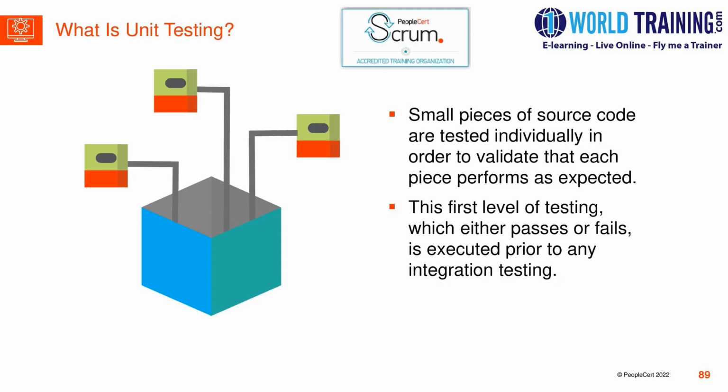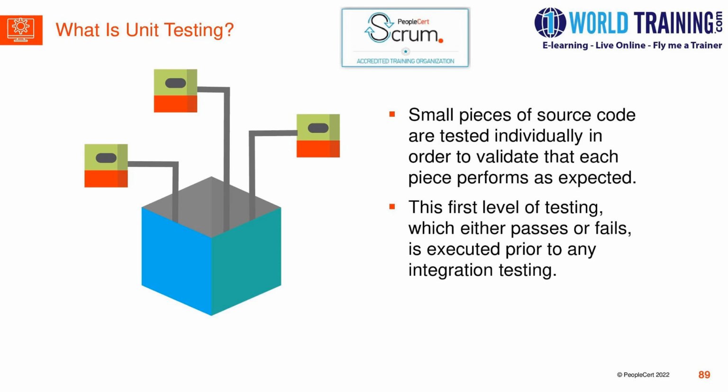Now let's talk about what unit testing is. Unit testing is a concept in which we test the smallest pieces of source code, and these are tested individually so that you can validate them. These pieces of code should work as they were expected to work.